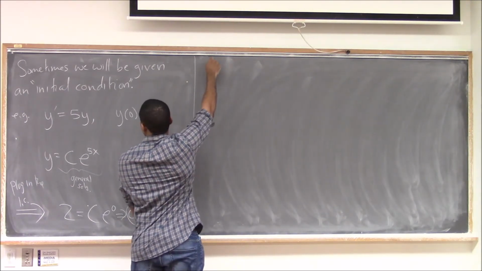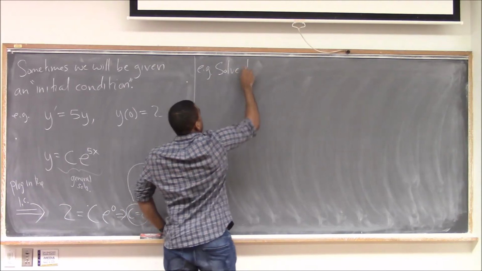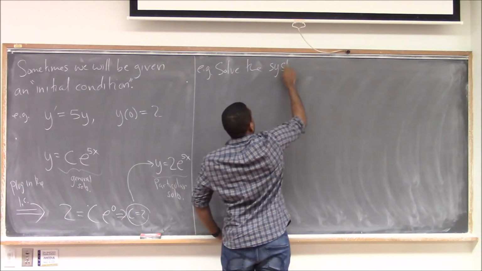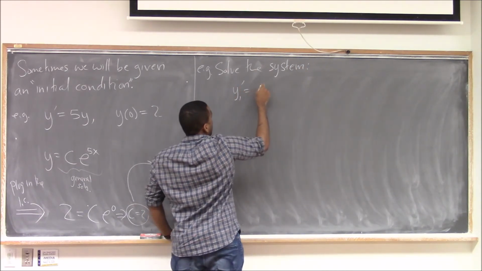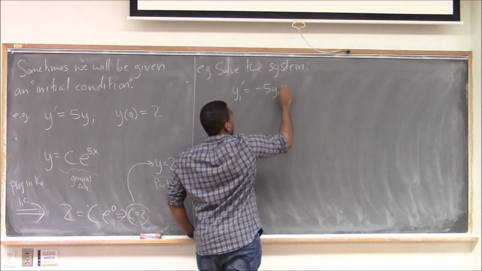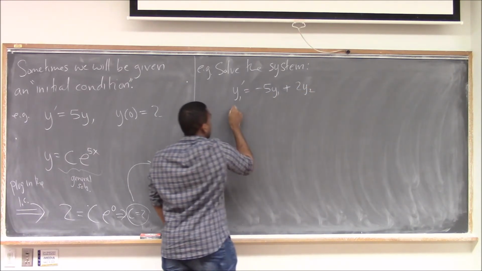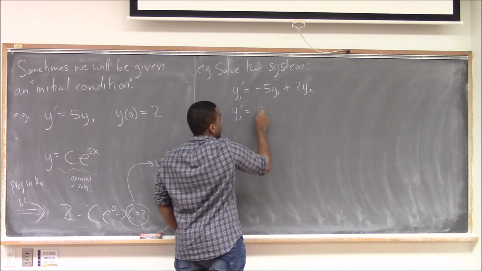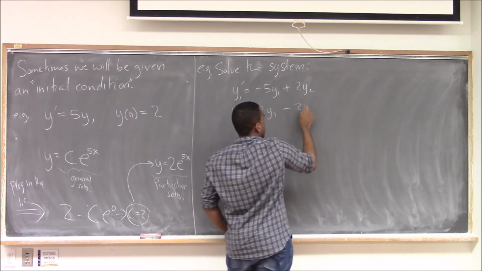And so, example. Solve the system: y1 prime equals minus 5y1 plus 2y2, y2 prime equals 2y1 plus 2y2.